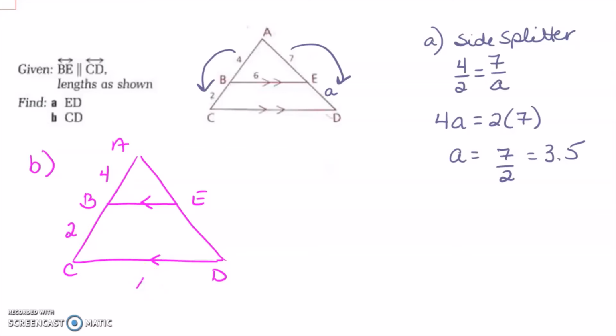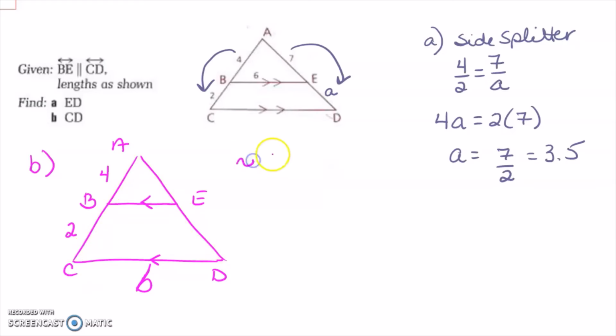I'm asked now to find the length of CD. That's an entire side. That's not one of the sides that is split proportionally. You can only use side splitter when the side is split. CD is not one of the split sides, so you can't use side splitter here.